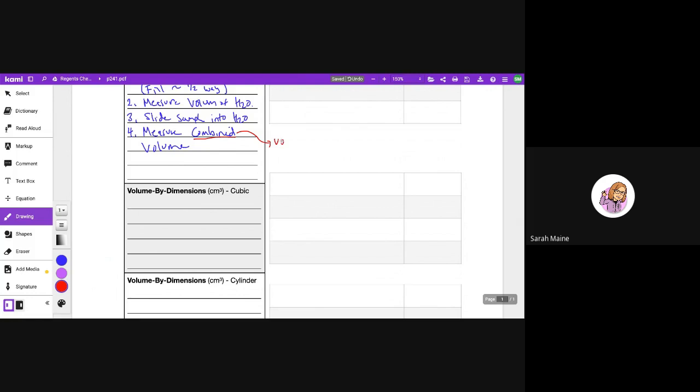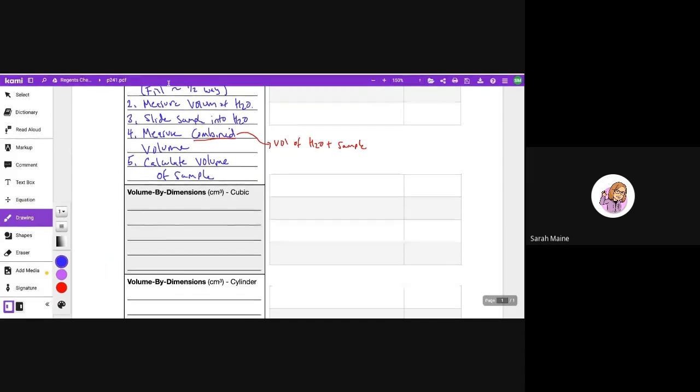So the combined volume is the volume of the water and sample. Make sure you understand what is referred to as the combined volume. And then lastly, once you have all your data, you can simply calculate the volume of your sample.